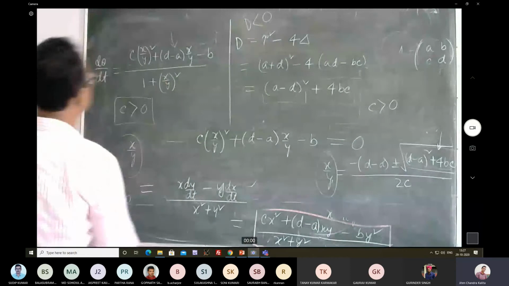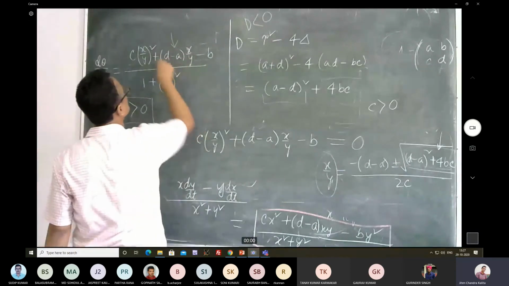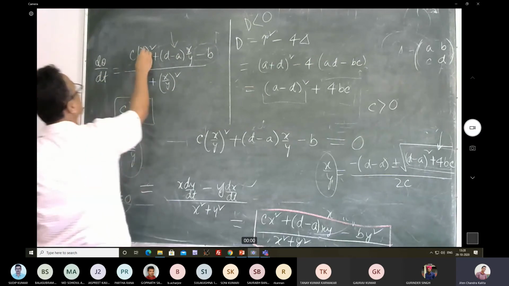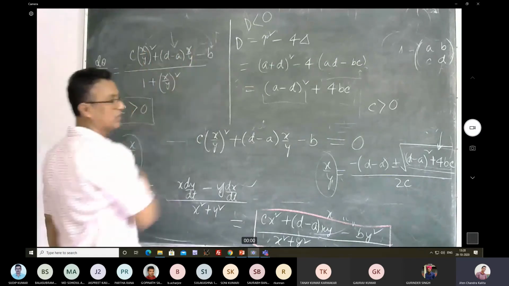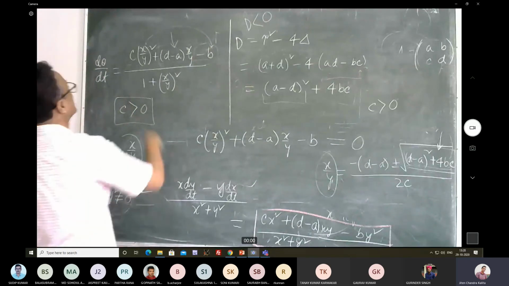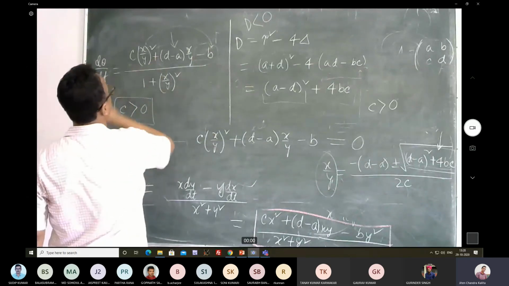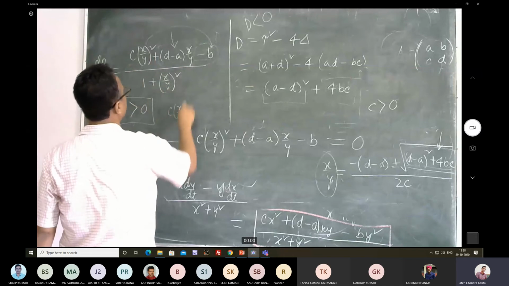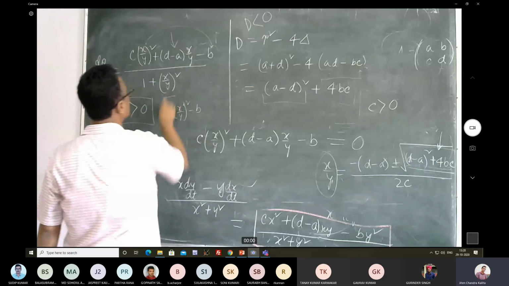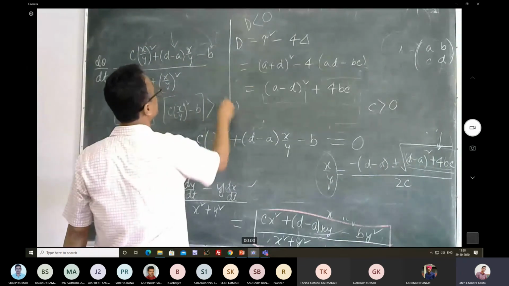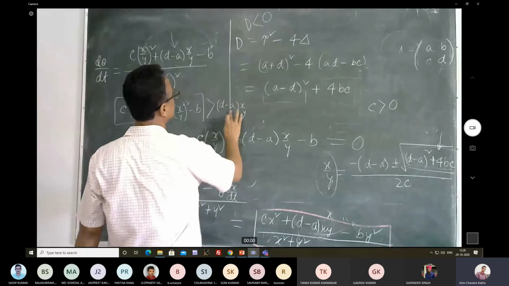My only concern is what is going to happen to this particular term? I am fine with the first and the third term when c is greater than 0. I know that they are going to be positive, but in order for the numerator to be positive, I want this one, xy whole square minus b, to be strictly greater than d minus a by xy, isn't it?